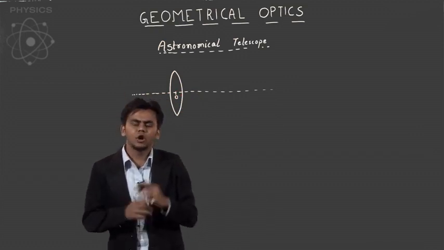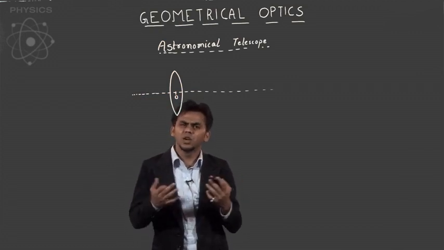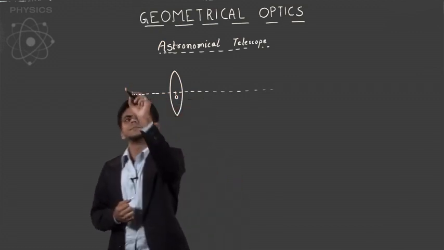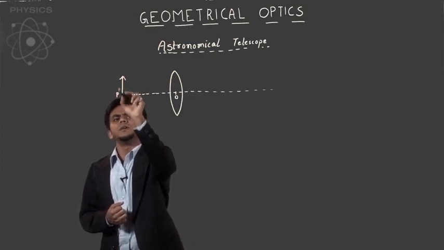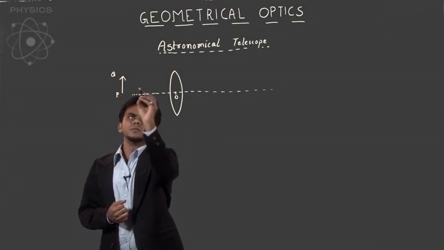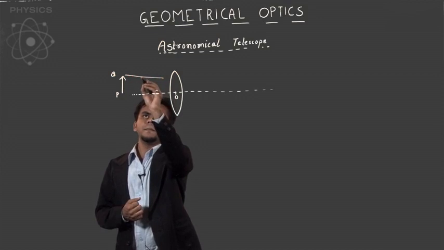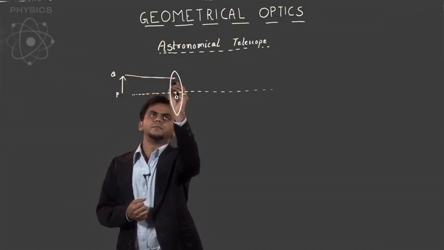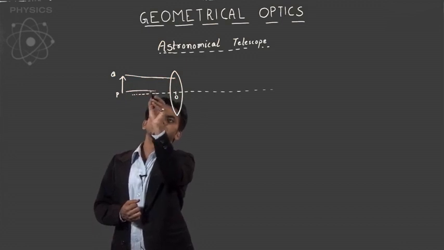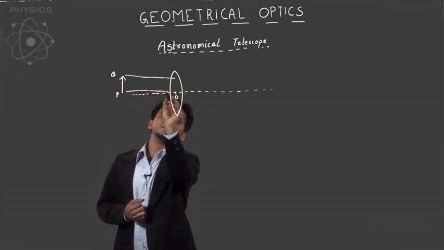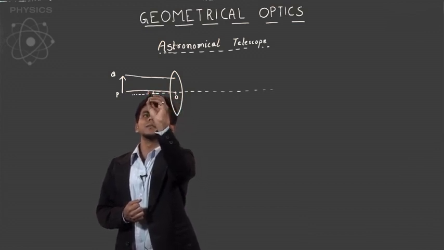Let's say the object to be seen is at a very far away distance, at infinity, and close to the principal axis. So let's say this is your object P, Q. So the rays would come like this, at some angle to the principal axis.